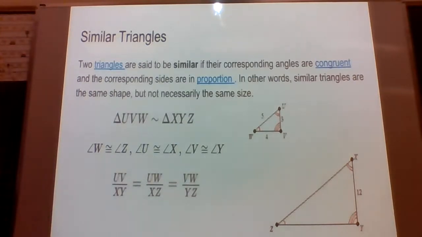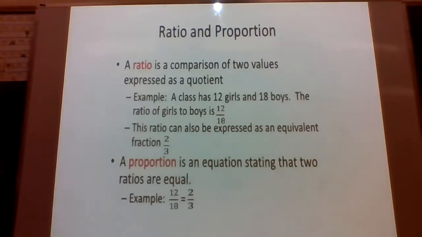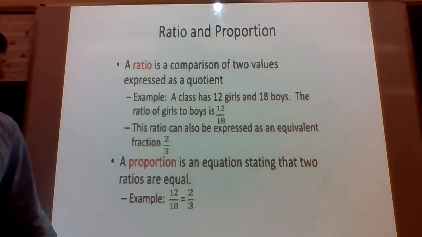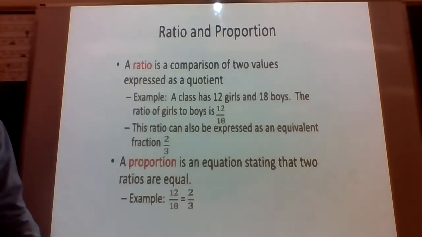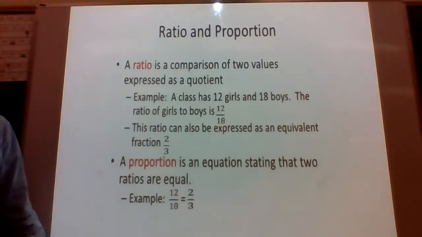So let's talk about proportion and ratios for a second here. A ratio is going to be a comparison of two values. It doesn't have to be expressed as a quotient or a fraction, but that's how we're going to do it in order to solve problems here.